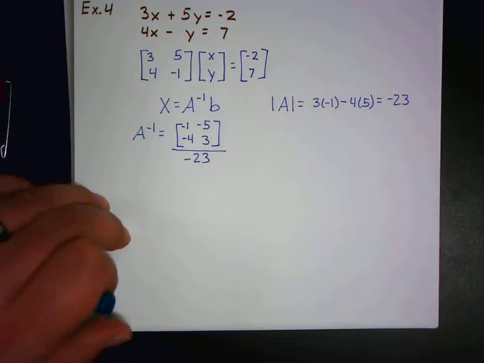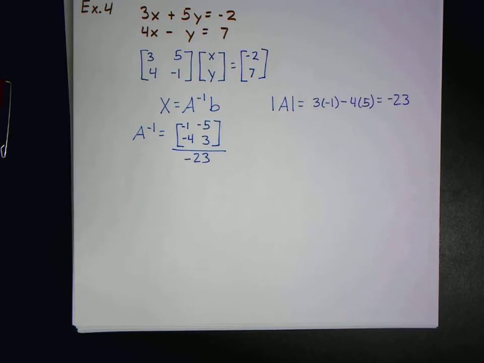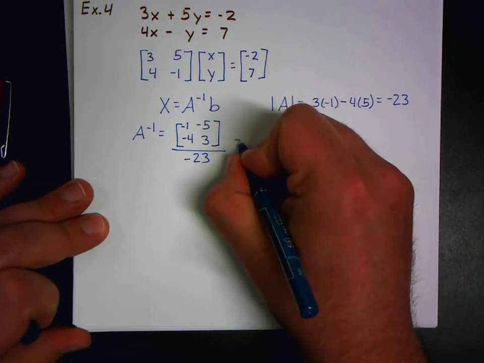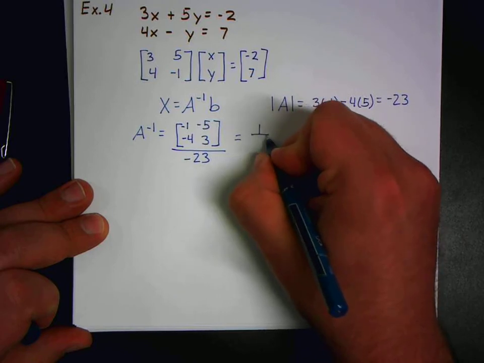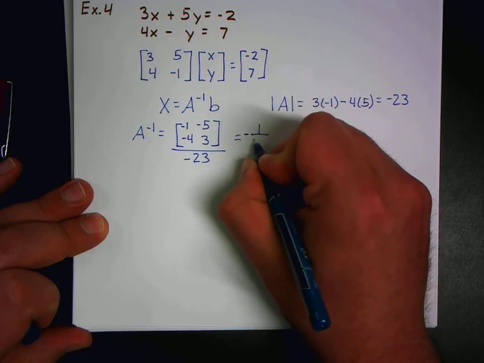Now, I don't know about you, but I do not want to do multiplications with 1/23 and 5/23 and 4/23 and 3/23. So what I'm going to do is I'm going to use this matrix like this.